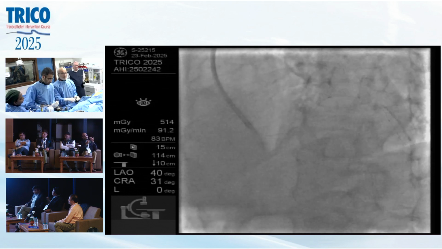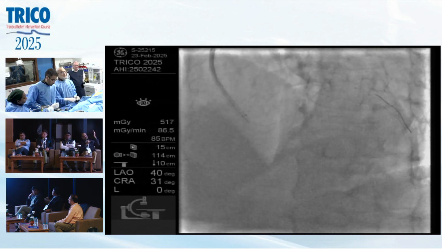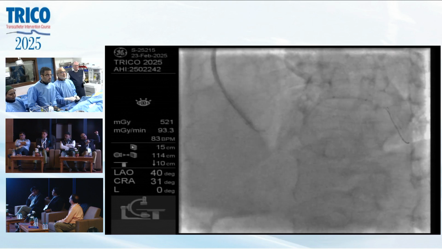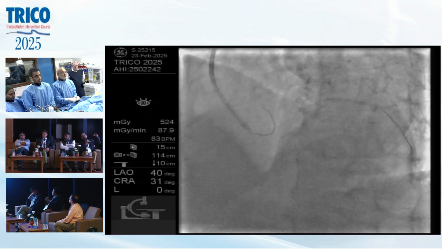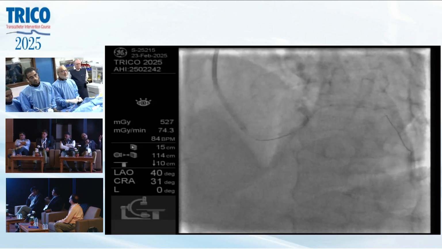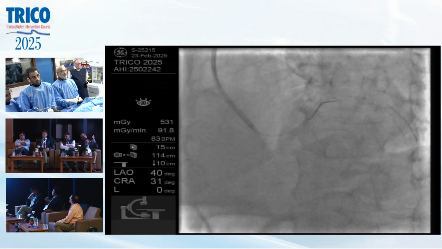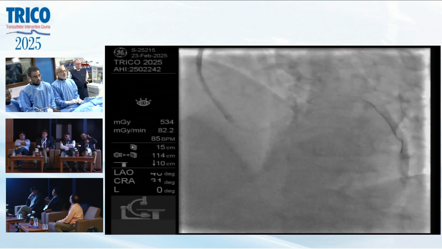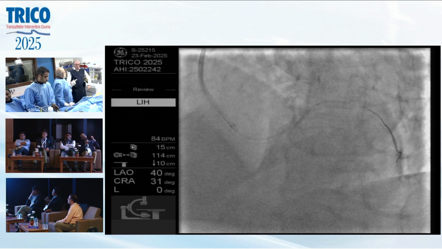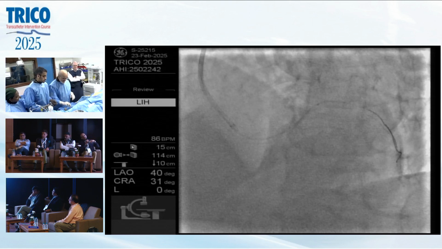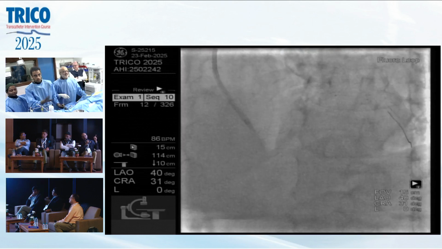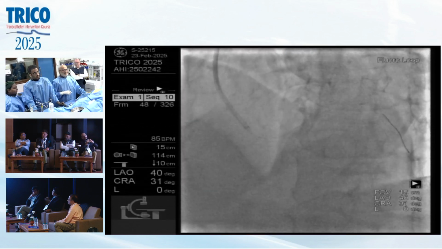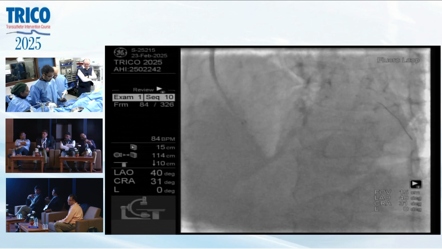So guide extension, Guideliner, is a great option to take it further down, because the opacification is not very great here, and most of the dye is going there in the sinus and then right coronary artery. So guide extension will help a lot, at least to reduce the amount of dye being used. And of course, it's not yielding, so I'm not very sure if it is a scoring balloon like Aperta will be very, very helpful here. Distally, the guide extension also will be helpful to take that Aperta down.